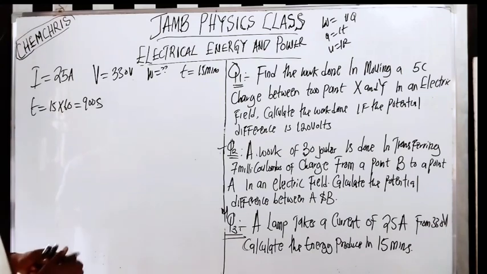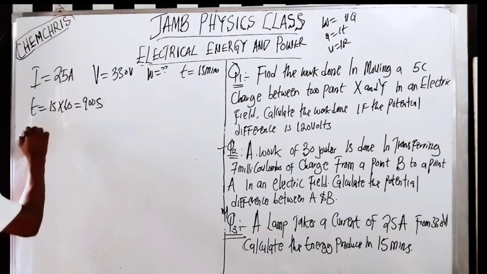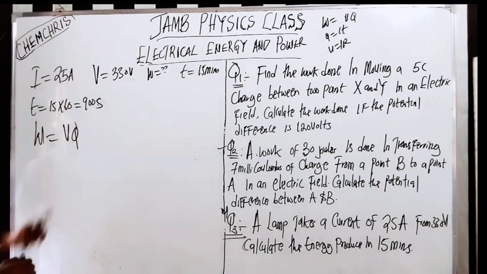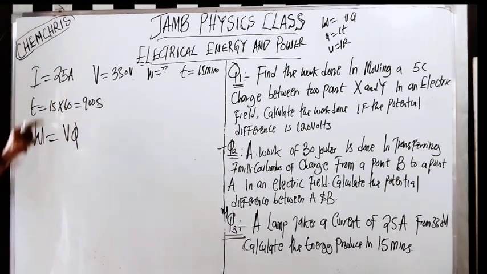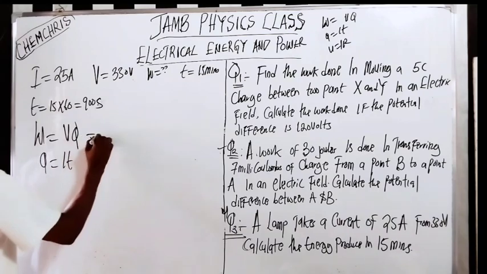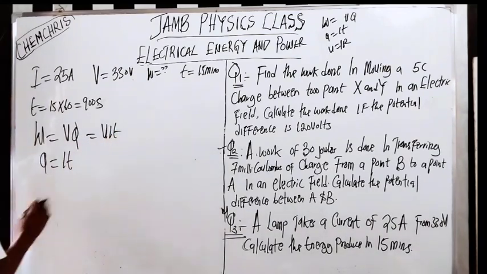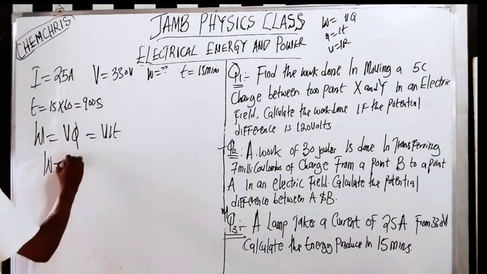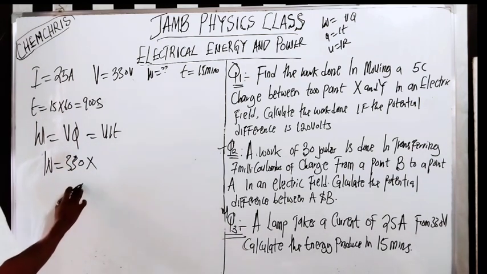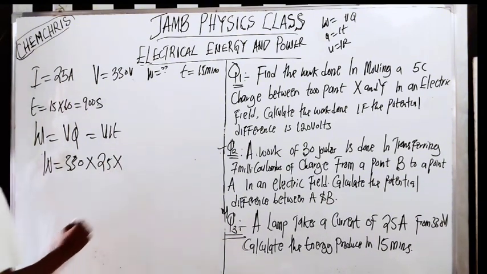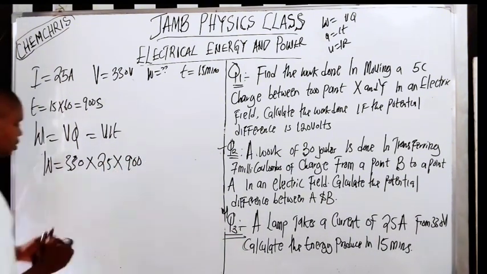So remember, work is equal to VQ, right? But Q was not given to me. They gave I and T. But remember, Q is equal to IT, right? So it means that W equals VIT. So my W is my V, 330, times my I, 25, times my T, 900.